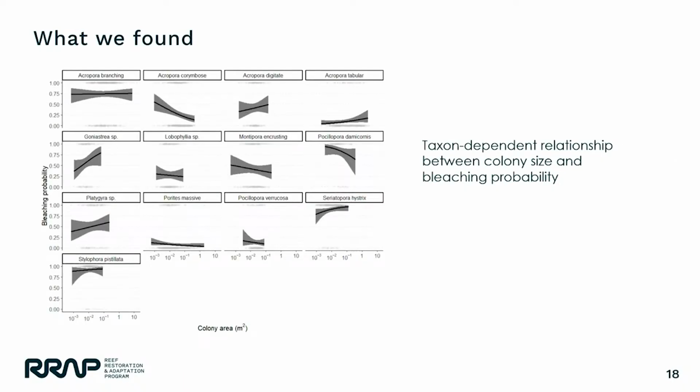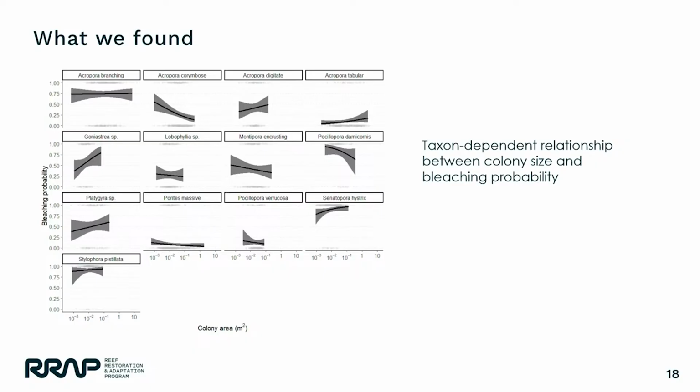In terms of taxa, we got some of what we expected. For example, Ceratopora hystrix and Stylophora pistillata are usually in the losers category, whereas the Porites massive don't tend to bleach as much. The one that was surprising was the tabular Acropora, which didn't really bleach that much in our study.